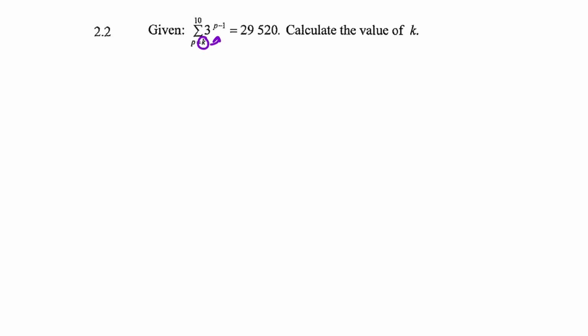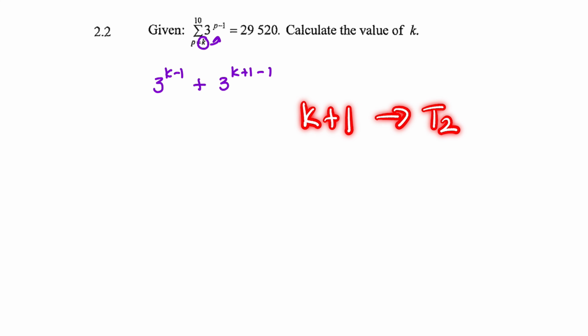So the first term would be 3 to the power of k minus 1. And I'll add it to the second term, which is 3 to the power of k plus 1 minus 1. Because the first term in the series is k, the term after k would be k plus 1. So that'll be the second term.